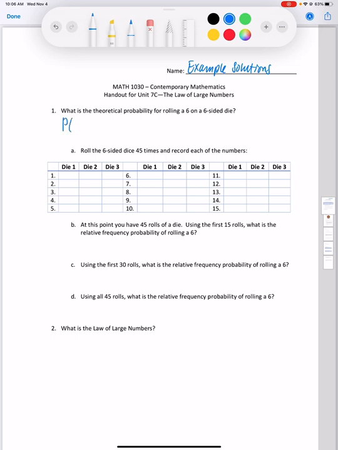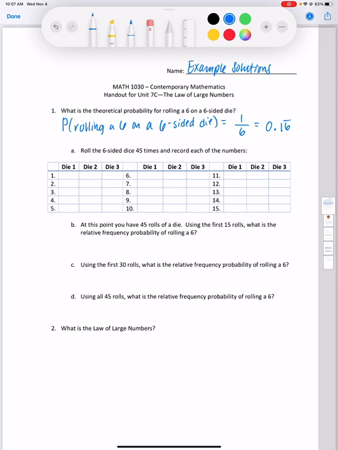The probability of rolling a 6 on a six-sided die is equal to 1/6, because there's one 6 on the die and there are 6 possible numbers. We can simplify that to 0.16 repeating. We're going to convert that to a decimal so we can compare it across other experiments or other numbers.